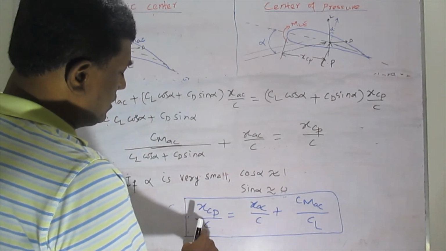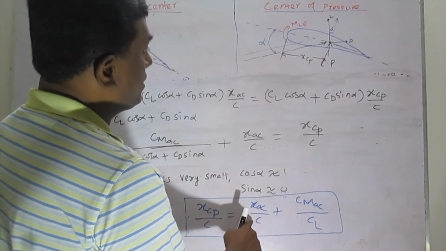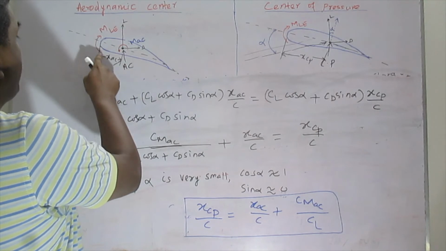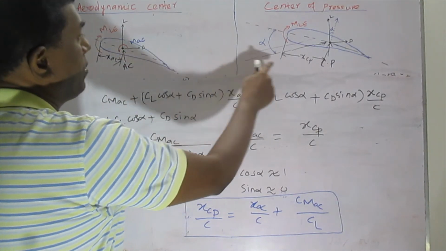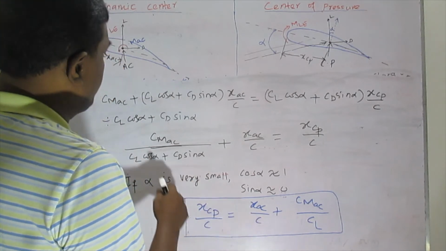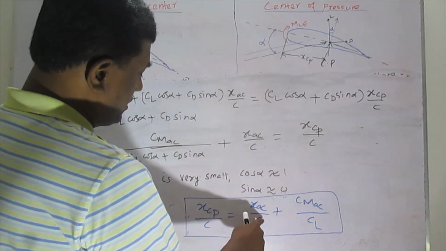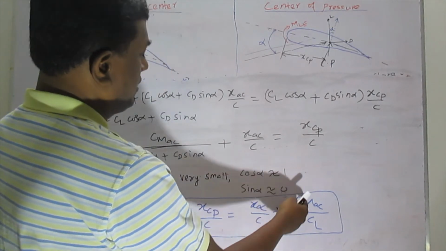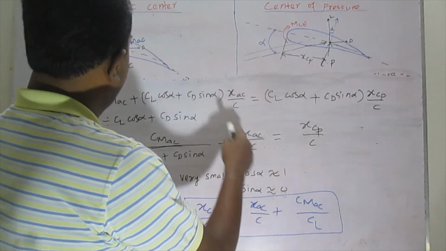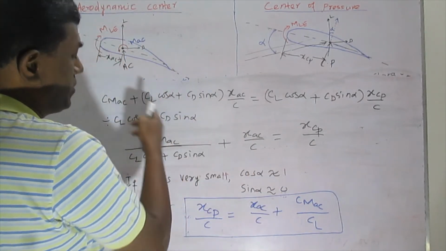So XCP by C is actually greater than XAC by C. That is what we can understand from the figure also. From this figure we can see that XAC is smaller than XCP. So this relationship proves that. As for the CMAC value, generally that value will be located at 25% of the chord.